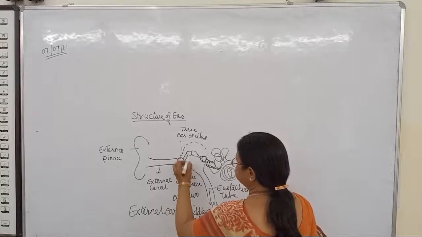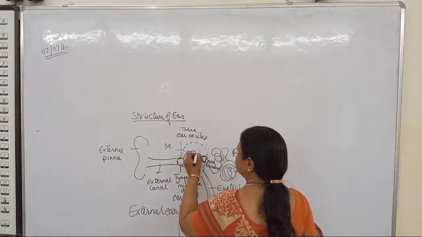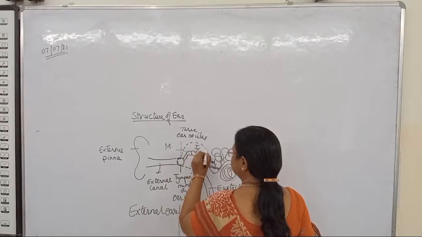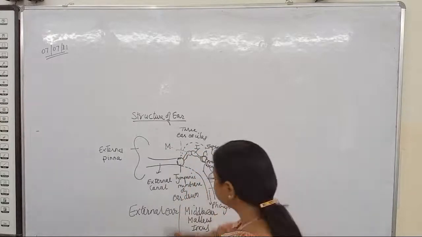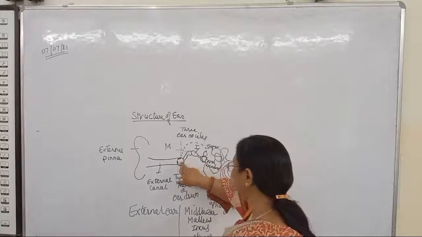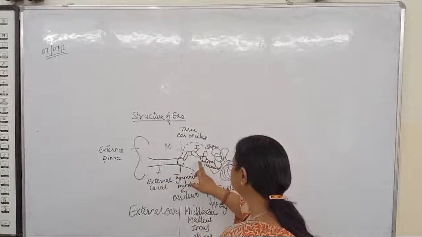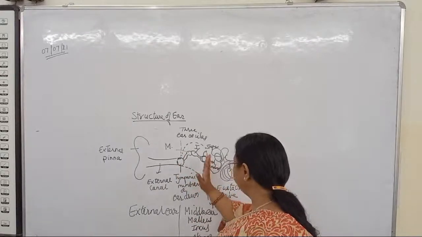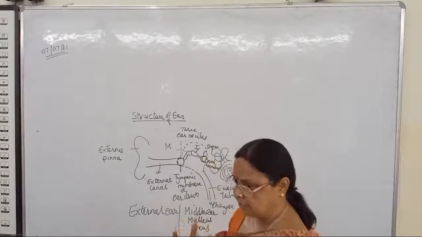Malleus is this one. This is incus, and this is stapes. So the ear ossicle that is attached to the eardrum is malleus, and the ear ossicle that is attached to the oval window on this side is the stapes. So these are the ear ossicles.